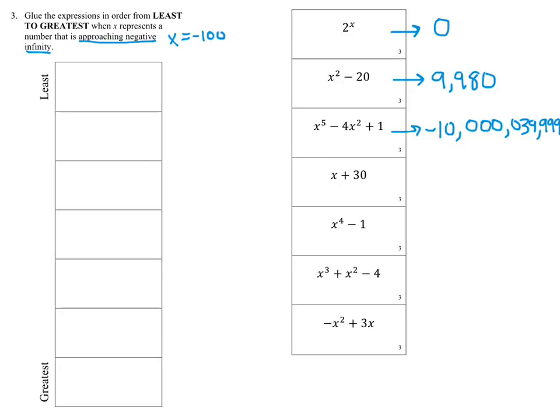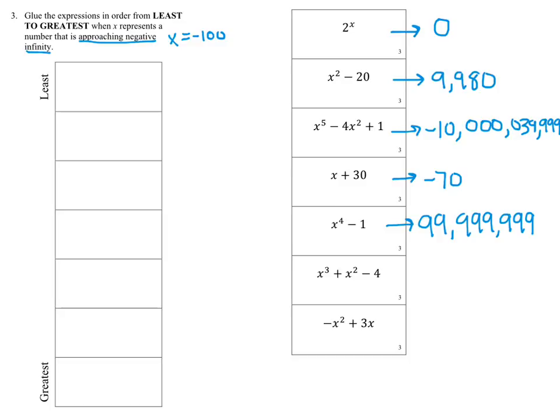So that's a pretty negative number. When I plug negative 100 in x plus 30, it gives me negative 70. For x to the 4 minus 1, it gives me 99,999,999.